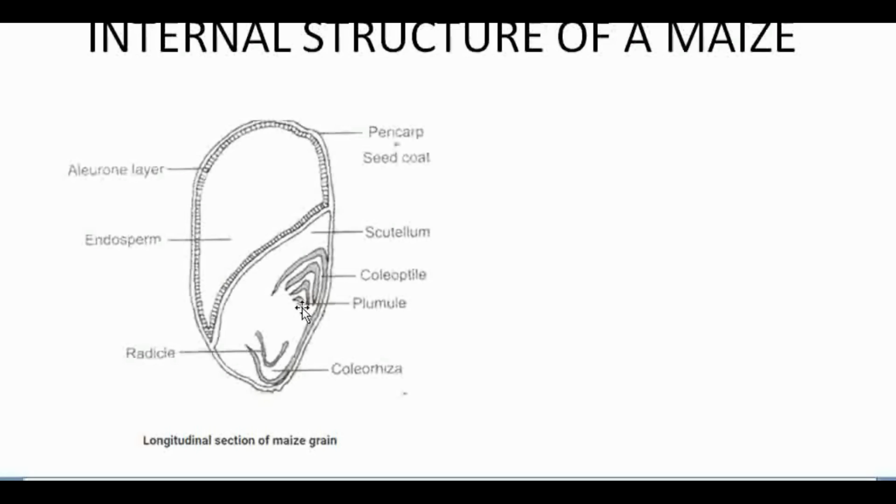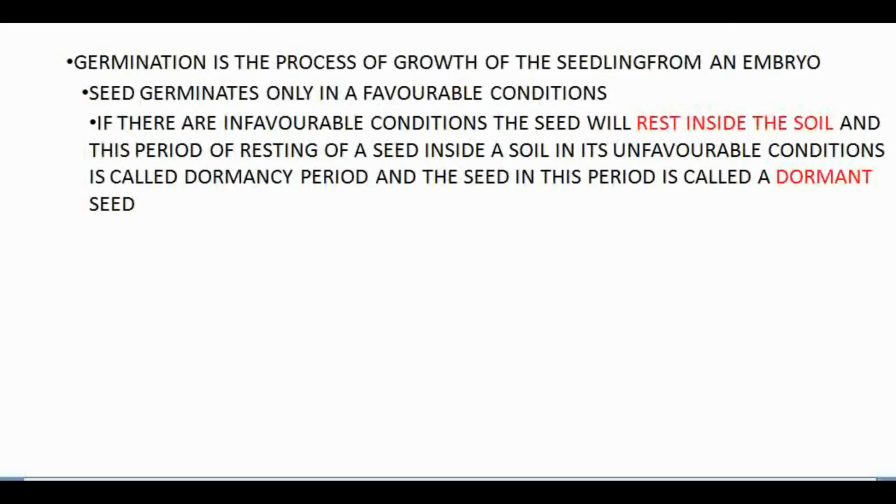The plumule is protected by a protective layer called the coleoptile, and the radicle is protected by a protective layer called the coleorhiza. And this is the diagram of a longitudinal section of a maize grain. Let's go with the next diagram.